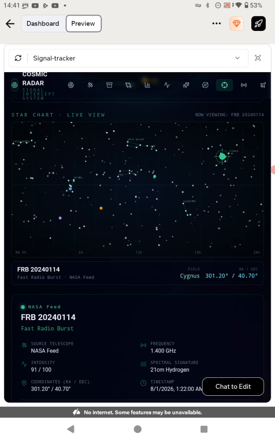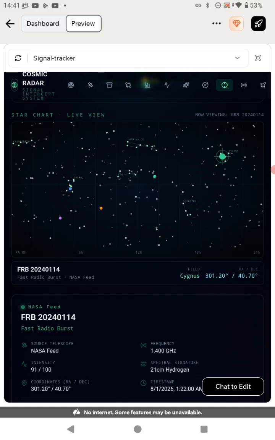All right. So now we've got NASA feed FRB 202401114, first radio burst. Okay, source telescope is NASA feed, frequency 1.400 gigahertz, intensity 91/100, special something, 21 centimeters hydrogen.